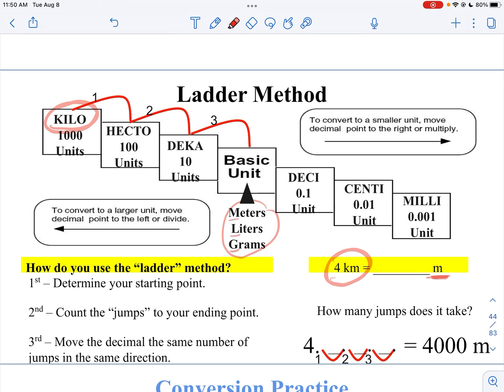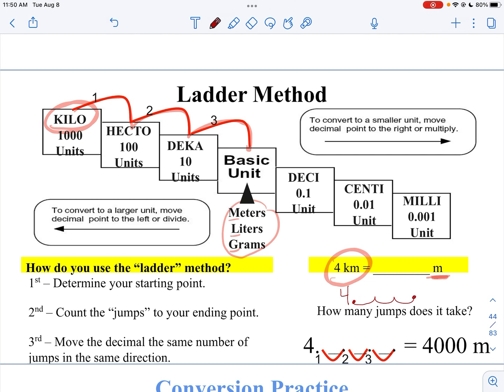Meters, liters, grams. So I know it's going to take me 1, 2, 3 jumps or steps to get to that basic unit of meters. So then I know I really only need to move my decimal 3 times. Right now, we know the decimal's invisible, but it's at the end of the number. 1, 2, 3.